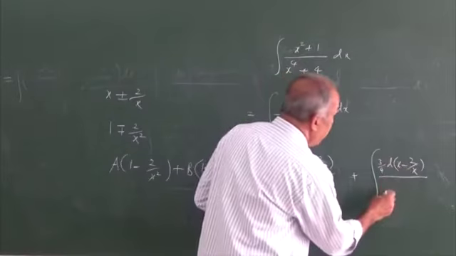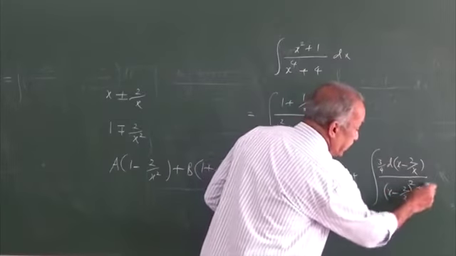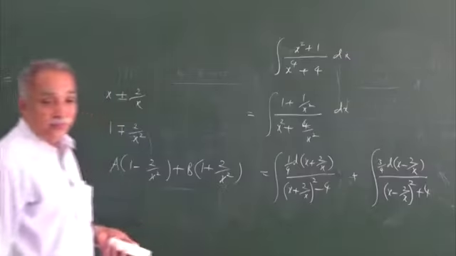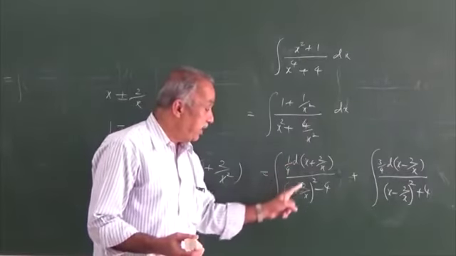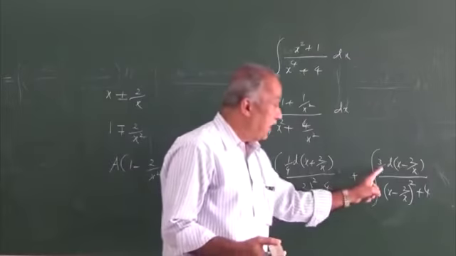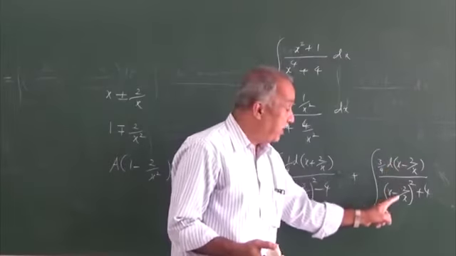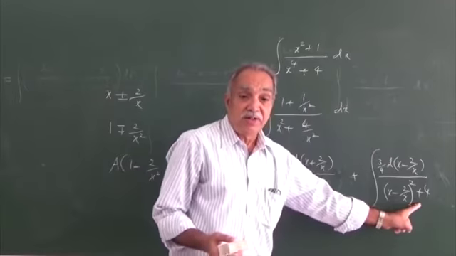In this case, I will have the denominator expressed in terms of x − 2/x. This is a constant times dt/(t² − 4). This is another constant times dt/(t² + 4). Each is a standard integral.